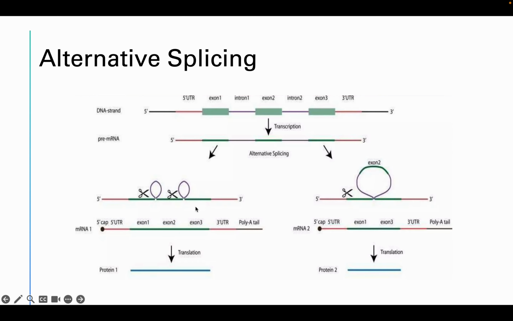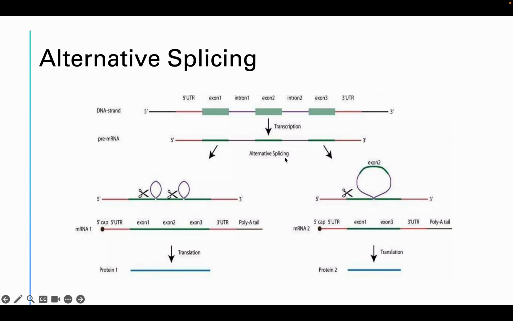But what happens in alternative splicing is that sometimes some of the exons are skipped during splicing. So instead of joining all the exons, exon 1, exon 2, exon 3, exon 2 also gets removed while removing intron 1 and intron 2. And then what we get is exon 1 and exon 3 joined.